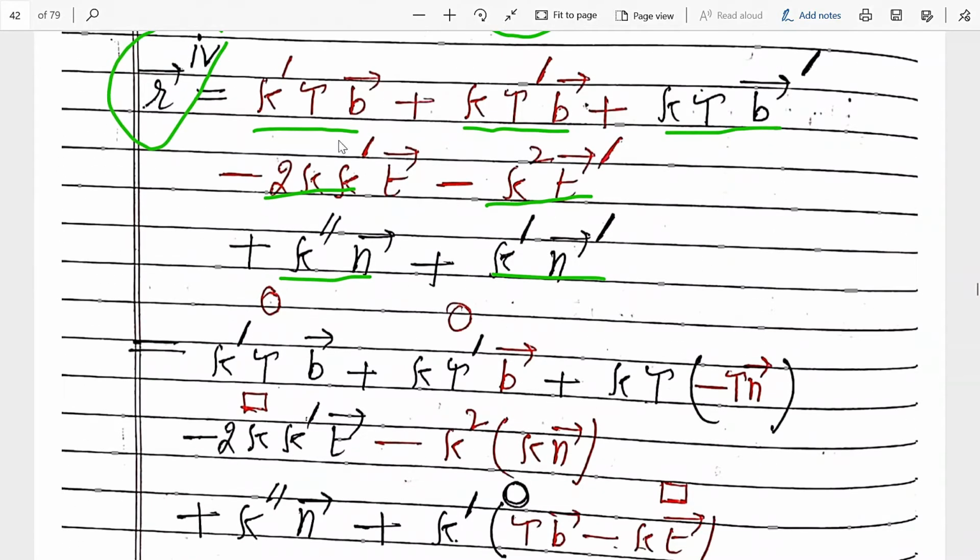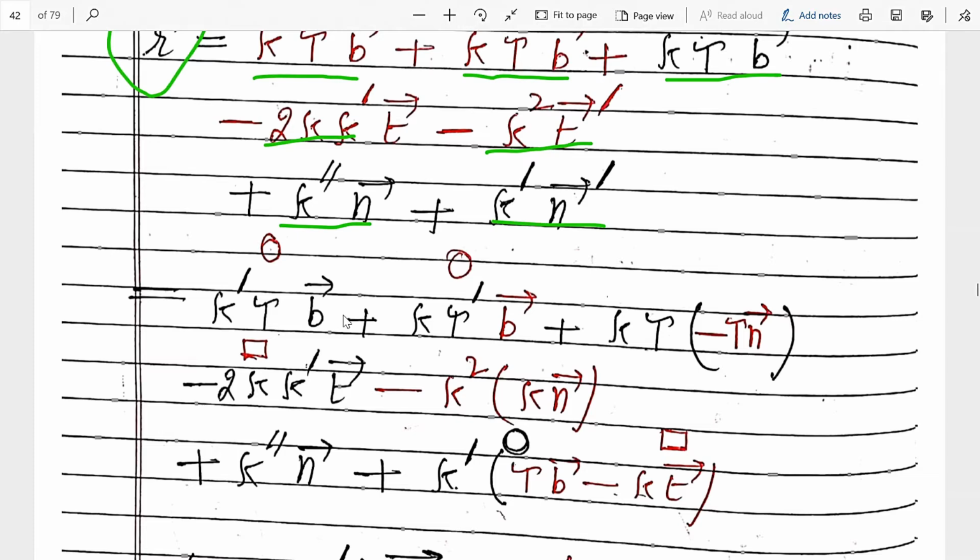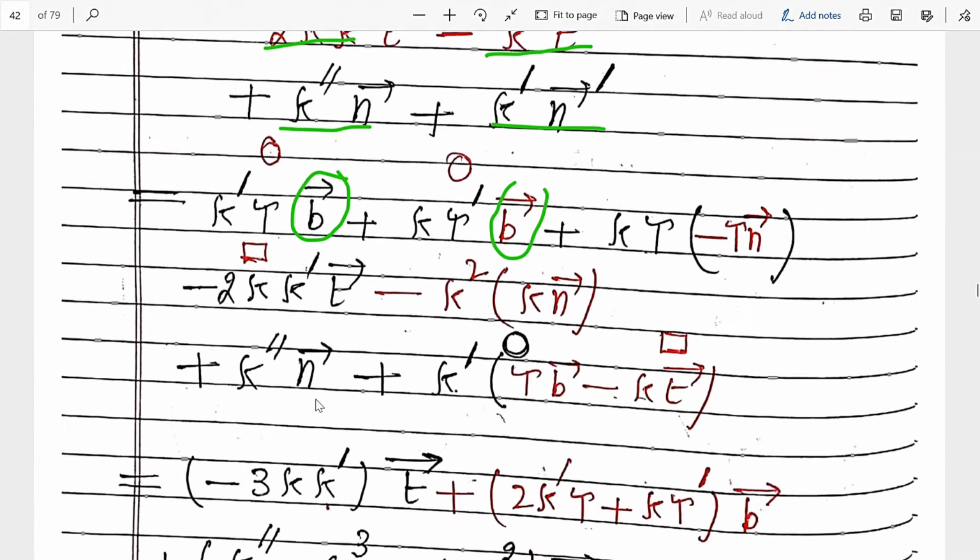Now from these equations, these terms involve b vector, denoted by circles: kappa dash tau plus kappa tau dash. These terms involve n vector, and this term involves t vector.